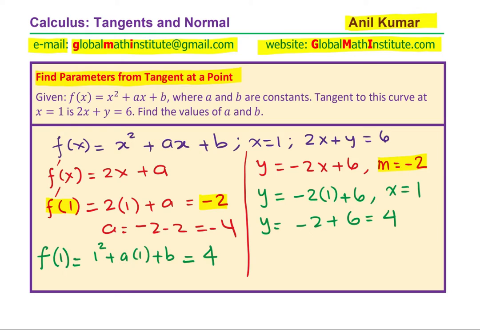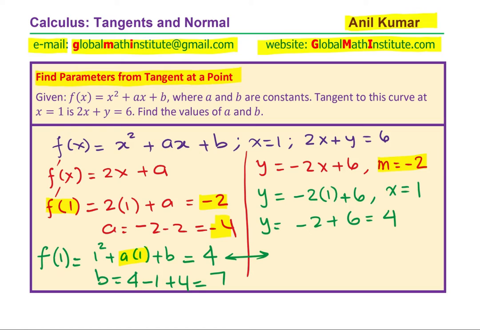Now we know what a is. We can substitute a as minus 4 here and find what b is, right? So let's continue and find b. So b equals 4 minus 1 minus a, where a is minus 4, right? So I'm substituting plus 4 here, and that gives me 7. Now, how do I get this value?